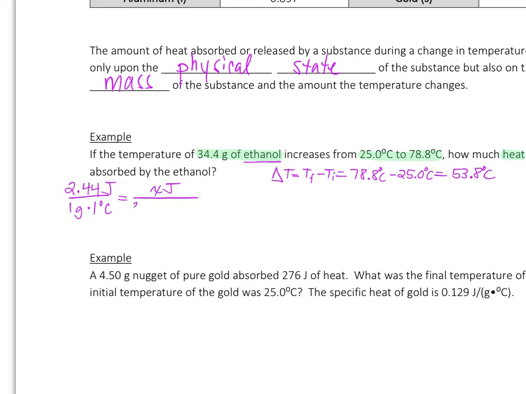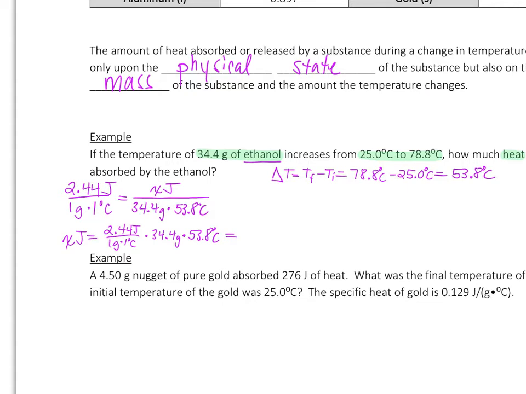So we're going to use our 34.4 grams times our 53.8 degree temperature change. Okay, if I'm solving for x, let's cross multiply. X joules is going to be 2.44 joules for 1 gram going up 1 degree Celsius times 34.4 grams and 53.8 degrees Celsius.